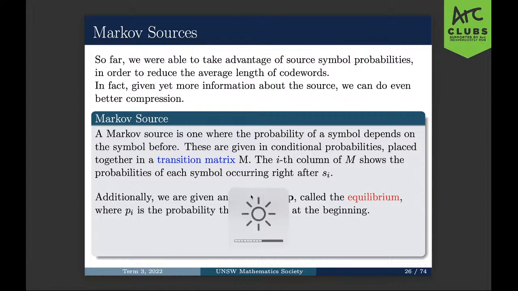We're also given another vector called P, the equilibrium probability, where Pi is going to be the probability that Si appears at the beginning. We're going to need that because for the first symbol in a message, there's no previous one to depend on, so we can't use the transition matrix for that.